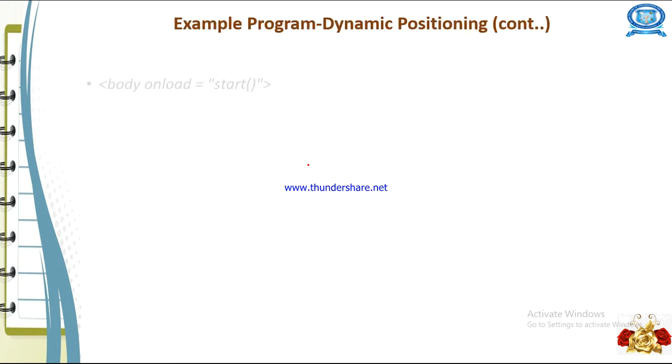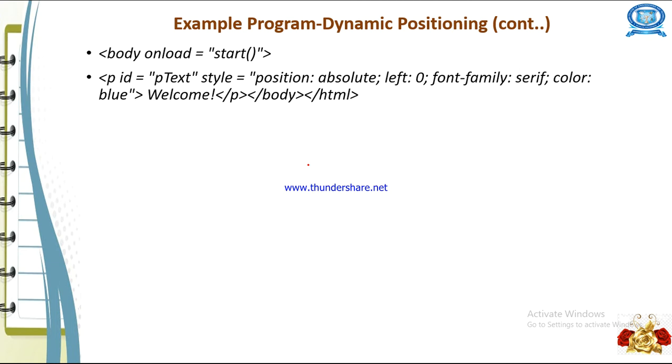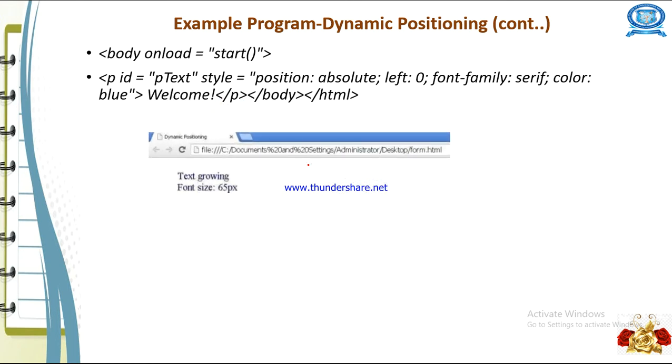Then see the output of this program. By calling the function start, we get the output like that. This is the basic output. It shows the text growing. Then we have to see the font size. As the font size increases, automatically the text is also growing.